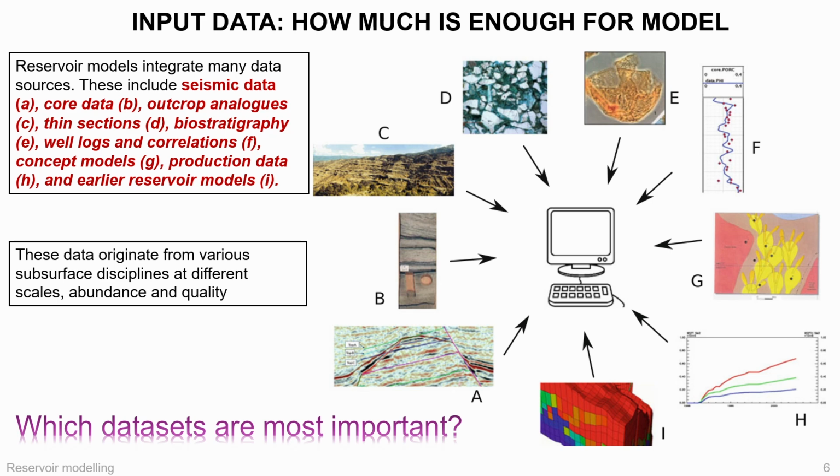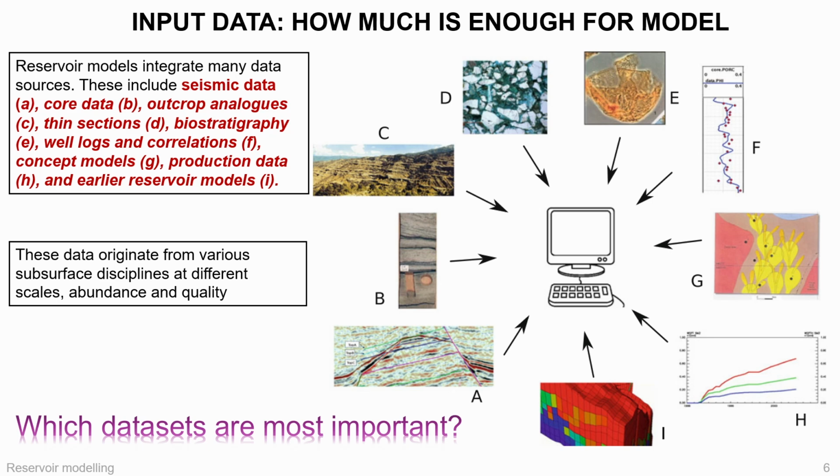This is an excellent question because the honest answer is, enough to support the objective, but not so much that you waste time without improving decisions. Reservoir modeling can use seismic, well logs, cores, outcrop analogs, thin sections, biostratigraphy, production data, and existing models. The key teaching point is scale.